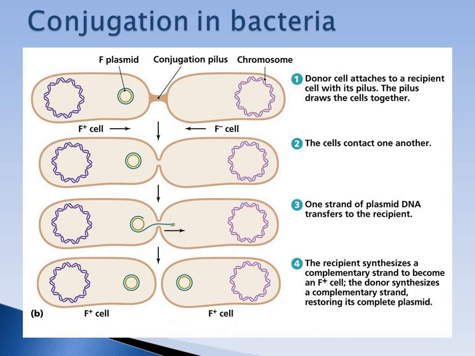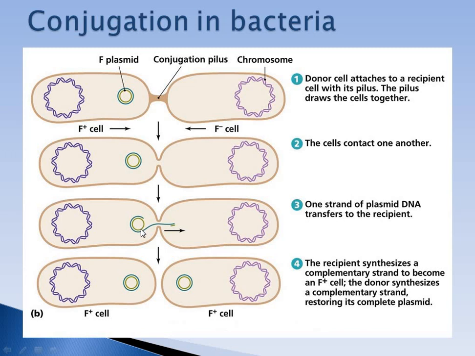In this figure, you can see that this is one of the bacterial cells, which is named the F+ cell. This is the second bacterial cell, which is named the F- cell. And pili help in the attachment of these two bacterial cells, making a connection between them. This connection is in the form of a cytoplasmic bridge, and the plasmid is present in one of the cells, the F+ cell, but not present in the F- cell.